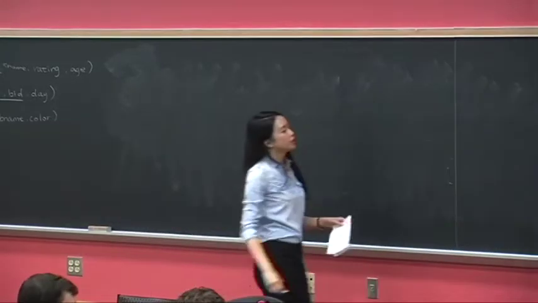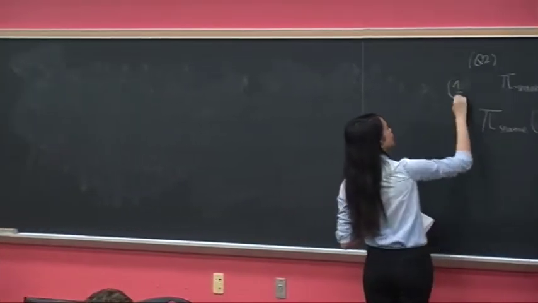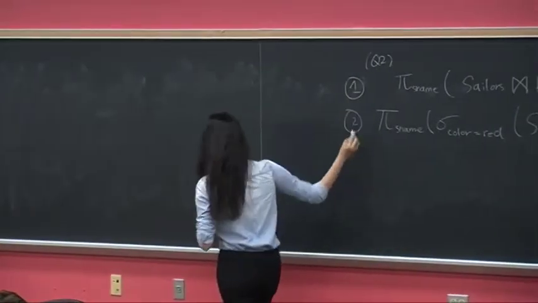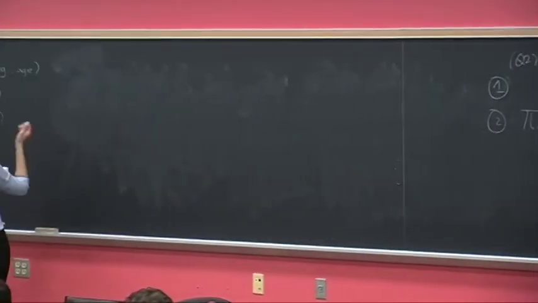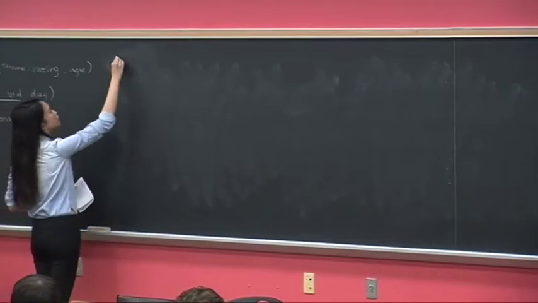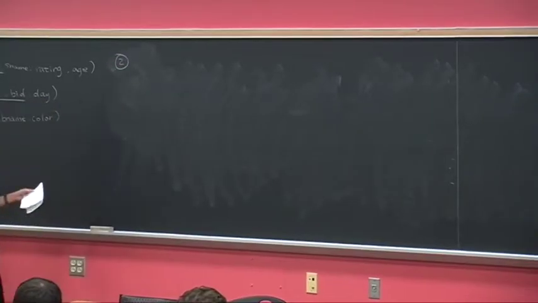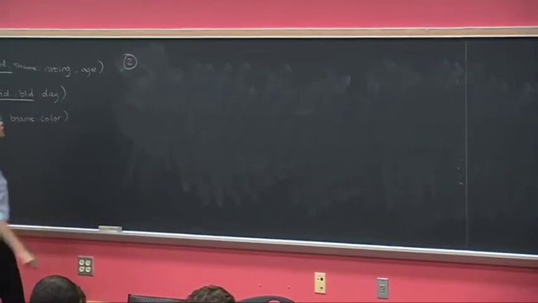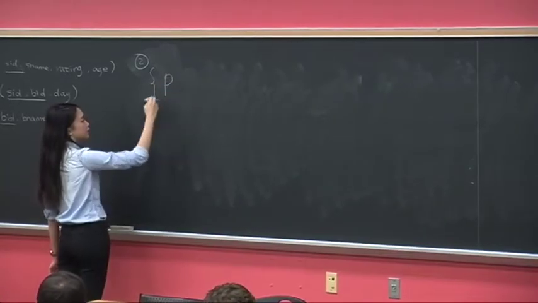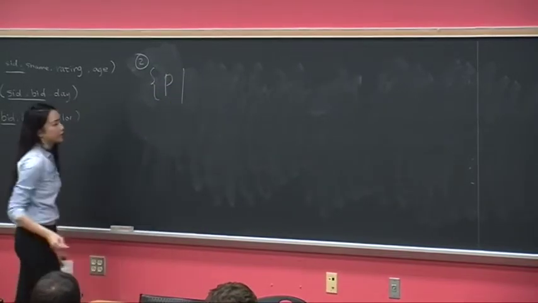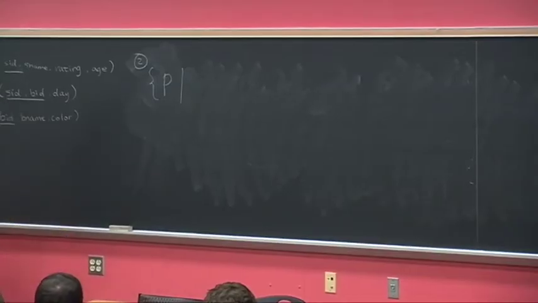I'll call that the first one, and this is the second one. Let's try from the first one. And let's try from the second one. How would you start? We always start with curly braces, P, tuples P that satisfy. So what would you do first?